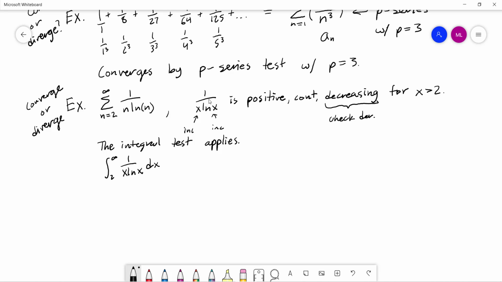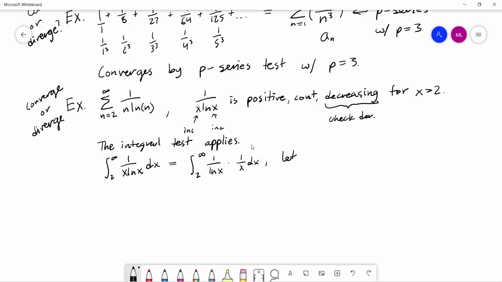This looks a little bit tricky, but one way to think about it is the integral from 2 to infinity of 1 over the log of x times 1 over x dx. And if I recognize that I have both a log of x that shows up and the derivative of log of x, which is 1 over x, I can treat this as a u, and this is my du sitting right here.